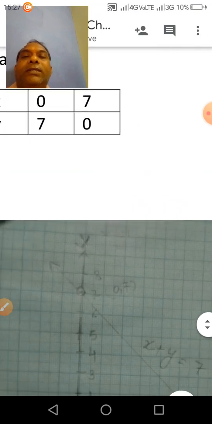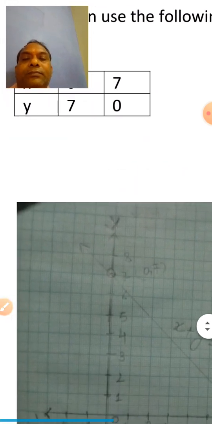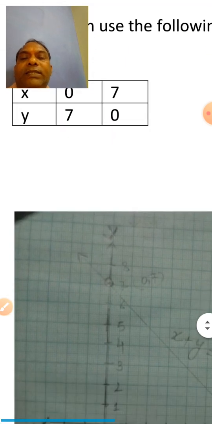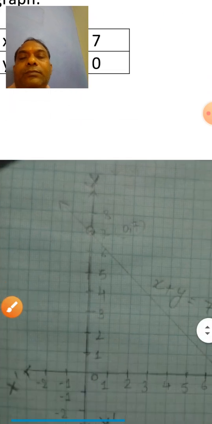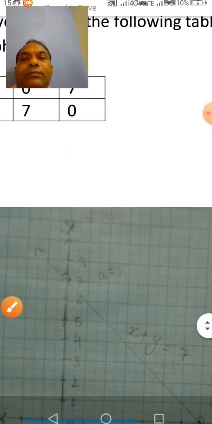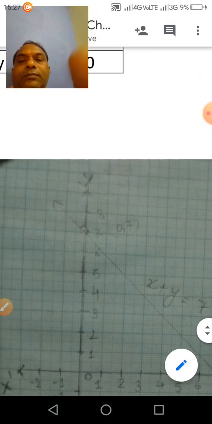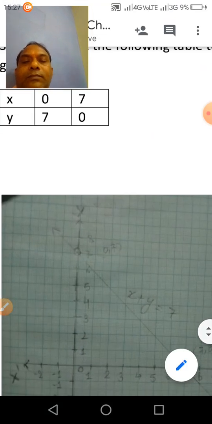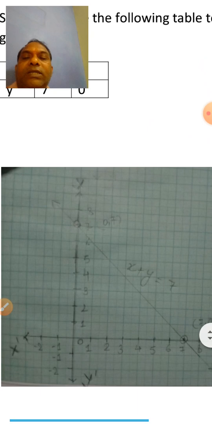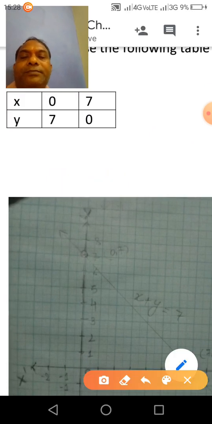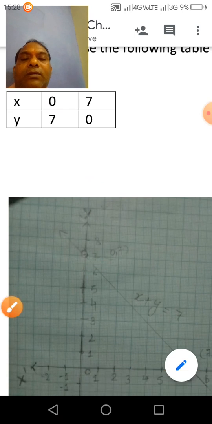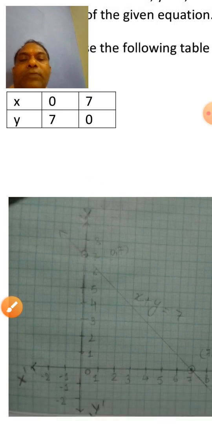So here (0, 7) means x is 0, then y is 7. So x 0, then y 7, this one point, and x 7, then y will be 0, this one point.